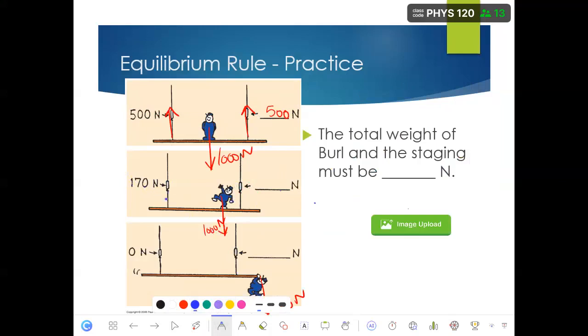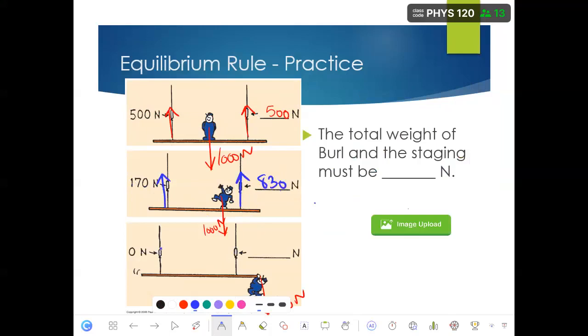So 170 upward. What should be the other force upward to make it equal to 1000? 830. So 170 plus 830 is 1000 upward, and there is 1000 downward. Okay, the system is in equilibrium.